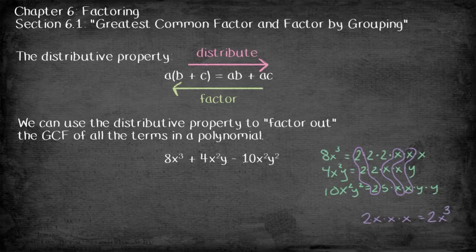Now that I have the GCF of the terms in the polynomial, I can rewrite it. I do that by first writing the GCF in front of a set of parentheses. Each of the terms is just going to be reborn, so to speak, as what was left over from the factoring process. So for 8x cubed, it would be 2 times x, or 4x.